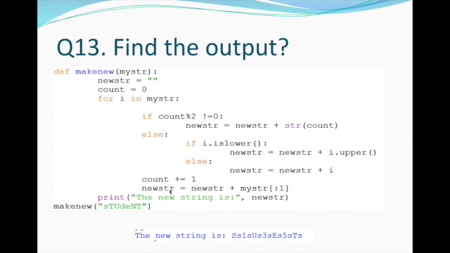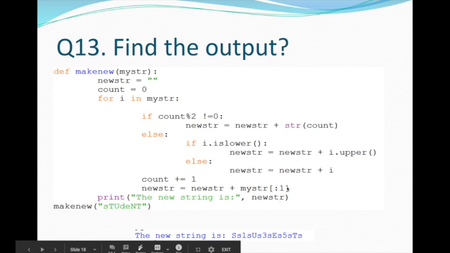Then again assigning new_str equals new_str plus my_str[:1]. What is new_str? Now here capital letter S plus my_str[:1]. So my_str value is student. Up to 1 means it will take only the first character.